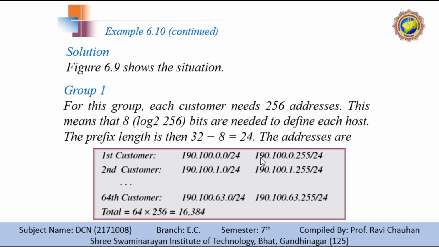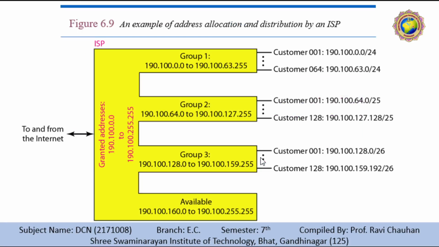For the solution of this example, consider the figure here. For group 1, each customer needs 256 addresses. This means that log2 of 256, which is 8 bits, are needed to define the host.